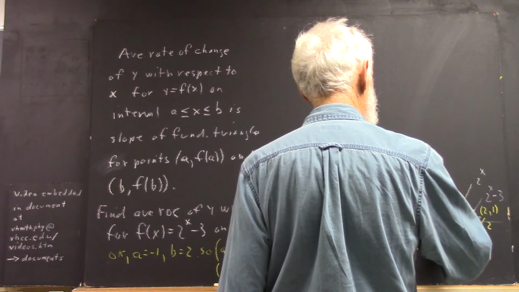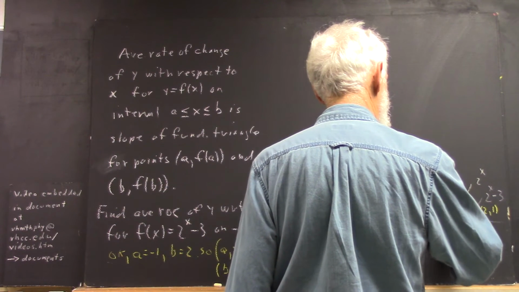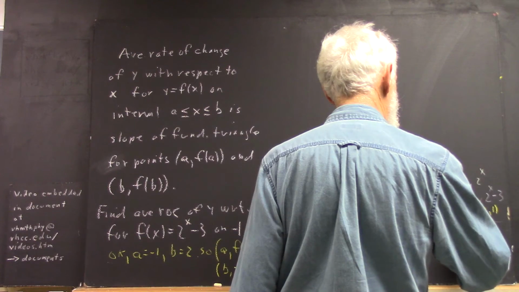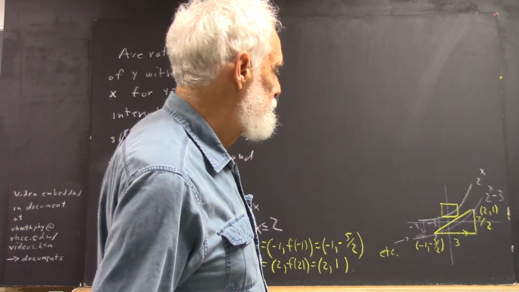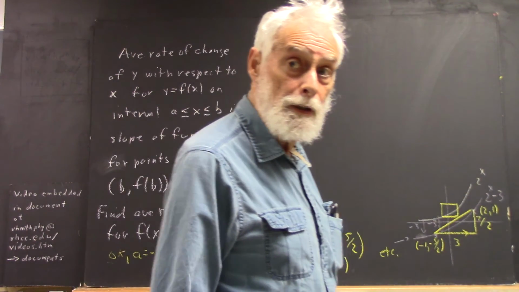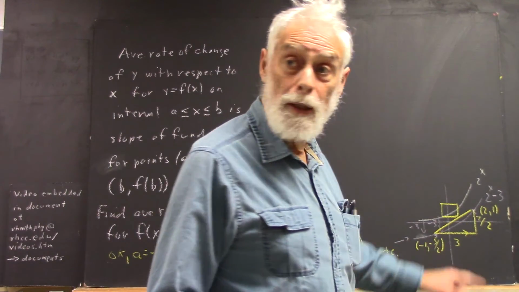So the slope will be what? Well, rise divided by run is 7/2 divided by 3, right?